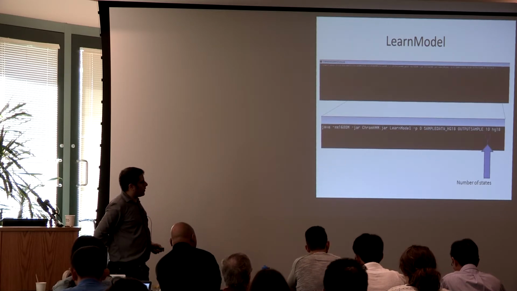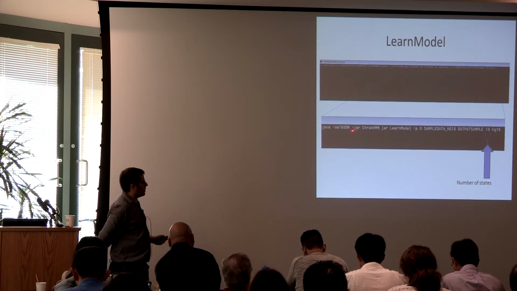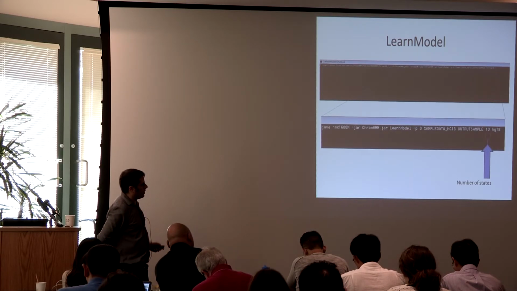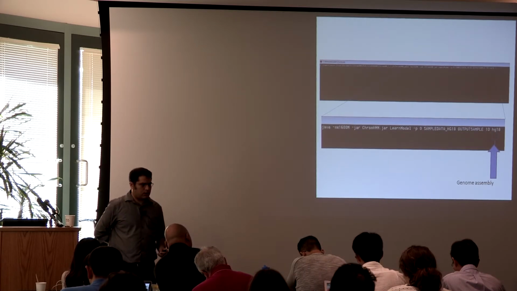Then you have a parameter which is the number of states. So often you're going to run this command across a range of different numbers of states. And I'll show you a command later that allows you to, in one way, compare the different models. And then this specifies the genome assembly that you're using.